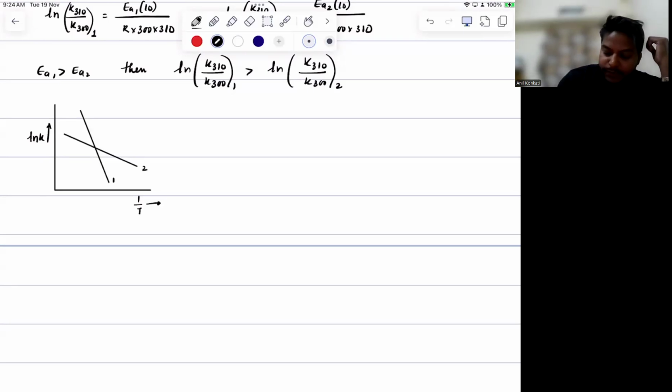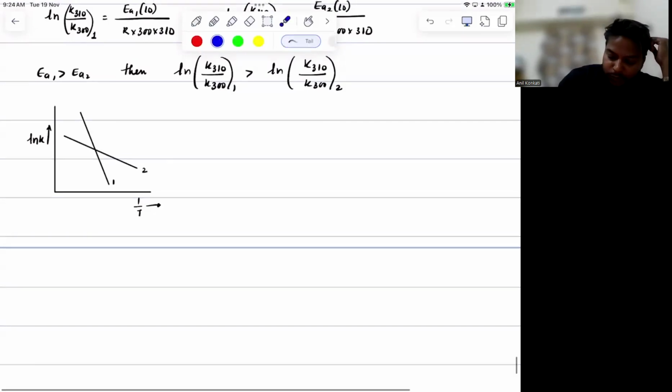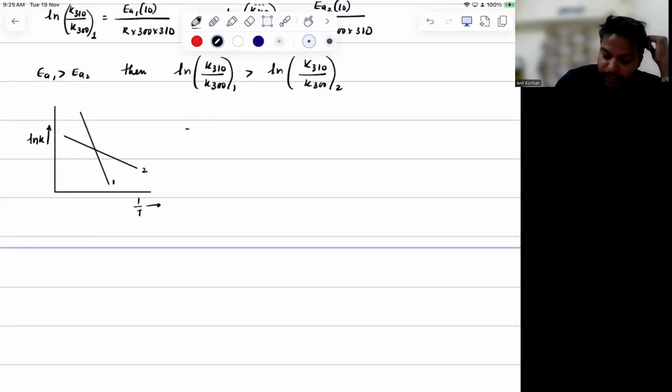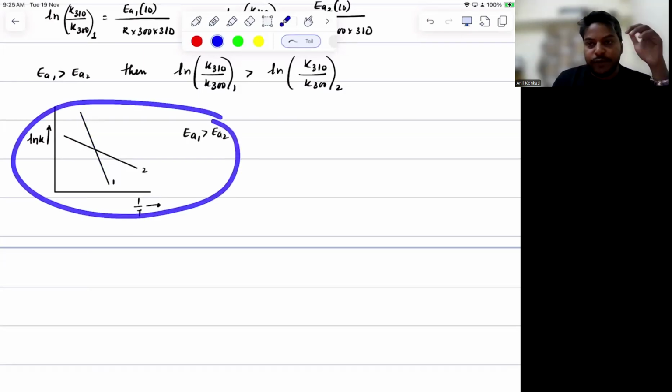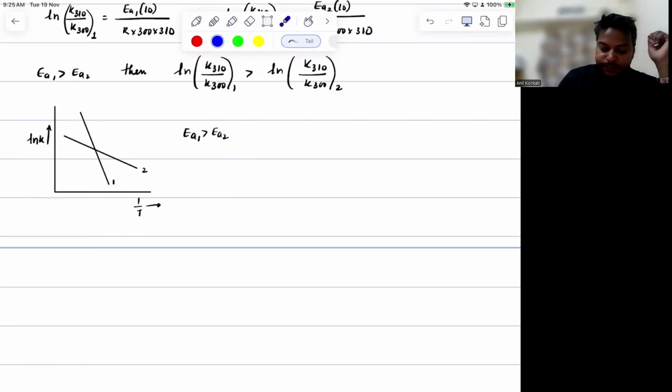Obviously, any graph which has more slope, almost as a linear form of this one, has to have an EA1 value greater than EA2, correct? Because here the rise of the K value is more as compared to the rise of the K value here, correct? So this is the graph you need to remember. In these two graphs, which has more activation energy?